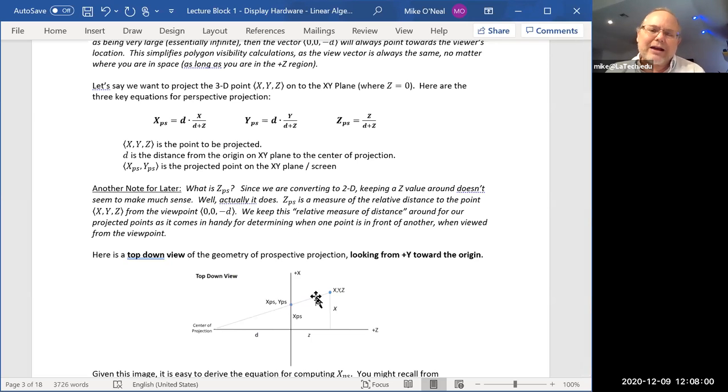So what I'm actually looking at here is the X, Y screen in a top-down mode. I'm looking from positive Y down towards the origin. So this is looking down from above, okay?